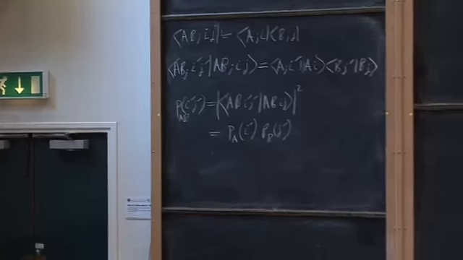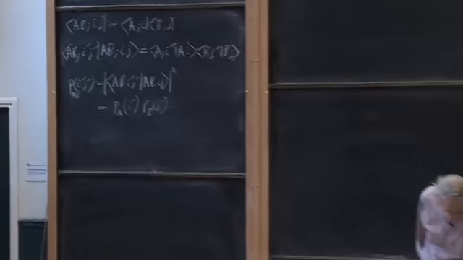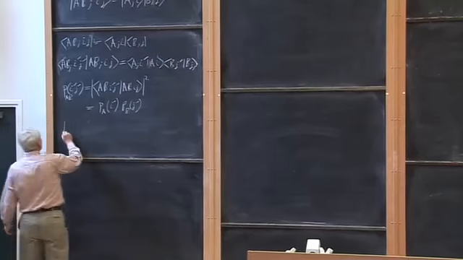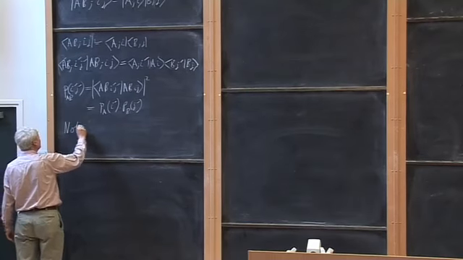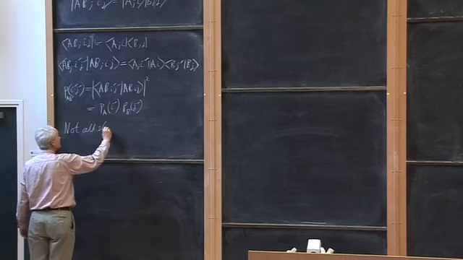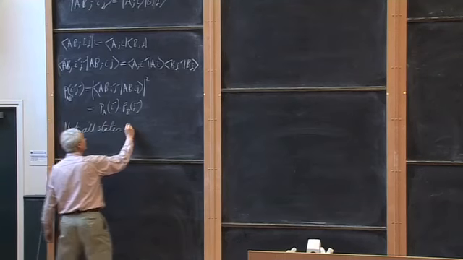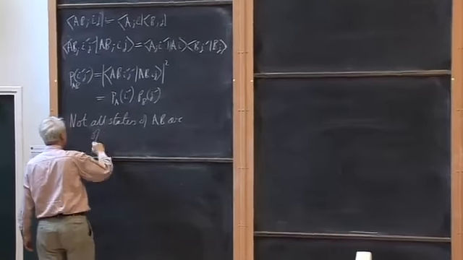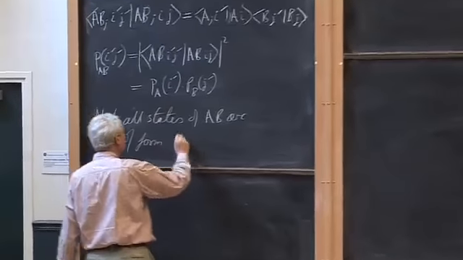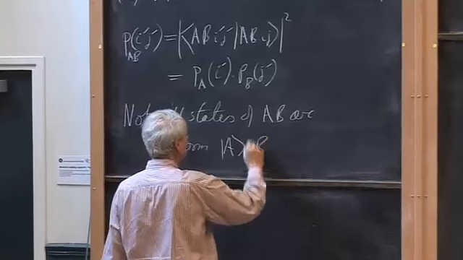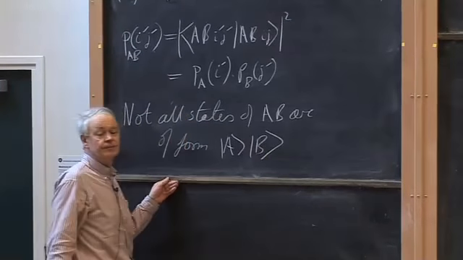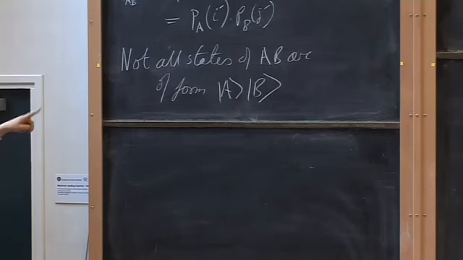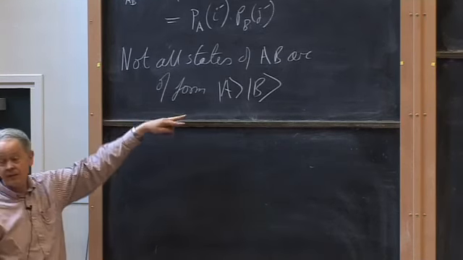Now, having said that, and everything's nice and simple, I now want to show something surprising: not all states of AB are of the form A, B. That's what I want to establish, that it's not true that all states of the system are of this form.